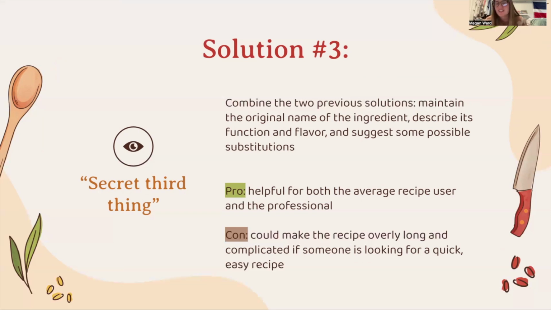The con to this is that it could make the recipe long and complicated if someone's just looking to make dinner that night, for example. Sometimes you see a recipe that is just so long and you just skip down to the actual ingredients and the directions. And so for the person who does that, this might not be helpful for them.